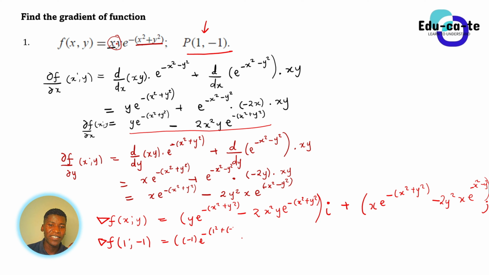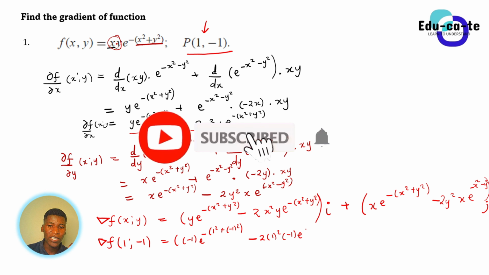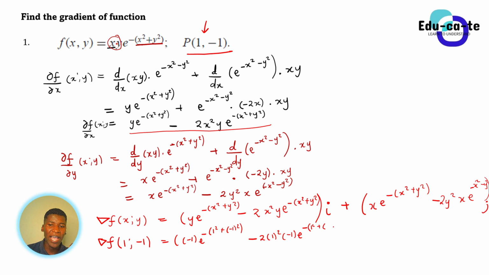So now you just do the substitution. This is minus 2 times 1 squared times negative 1 times e to the power of negative 1 squared plus negative 1 squared, and then this is all under i. You're going to put i next to it because it's the partial derivative in terms of x.